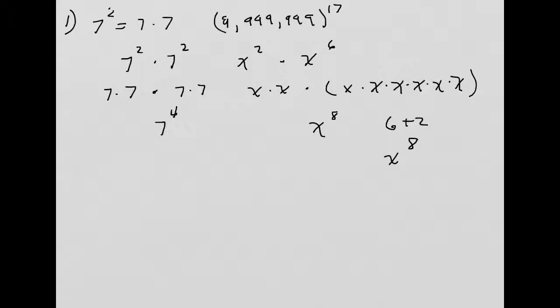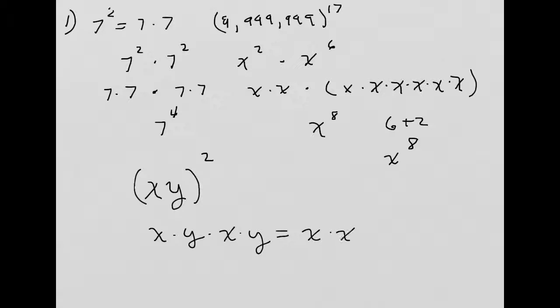So really, what all this is saying can actually be applied to any of the exponential laws. They're not lies. Like say if you had x times y squared, you can see that if you multiplied x times y times x times y, you can rearrange those as x times x times y times y, which is the same thing as x squared y squared.